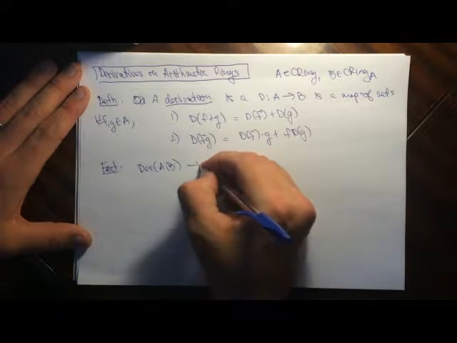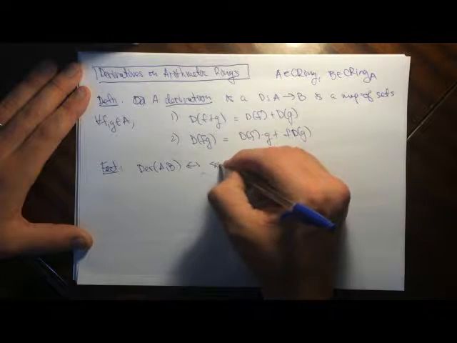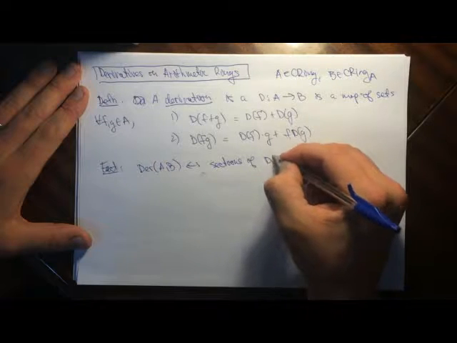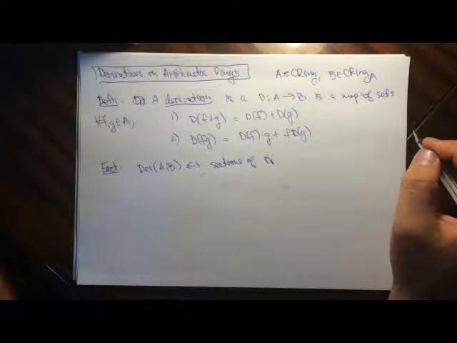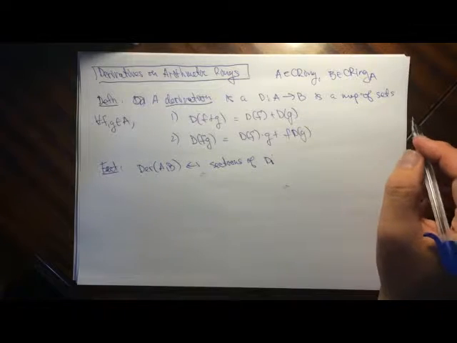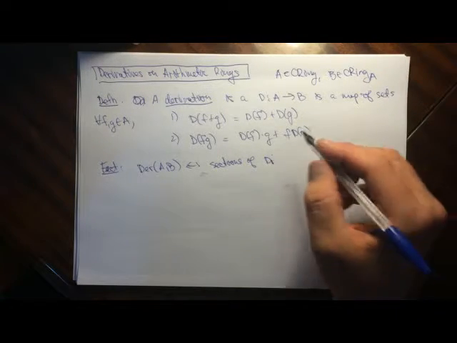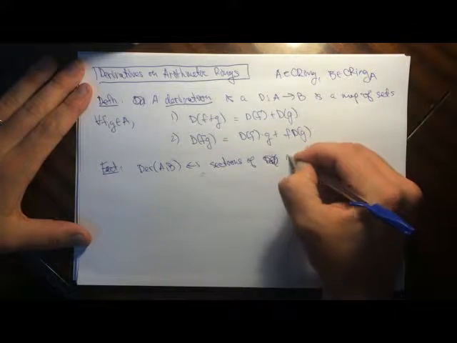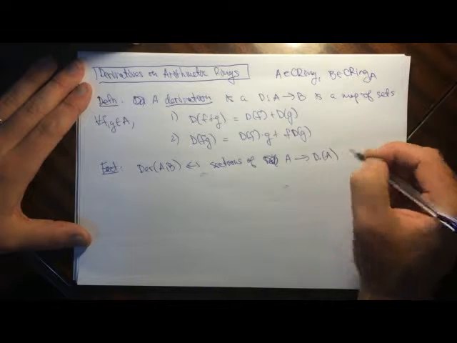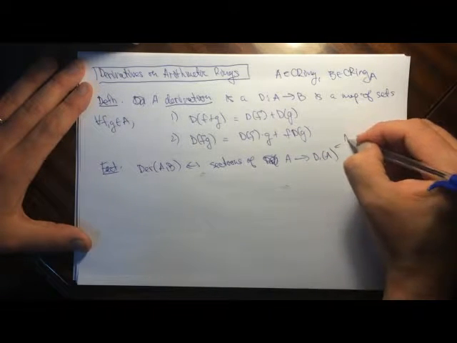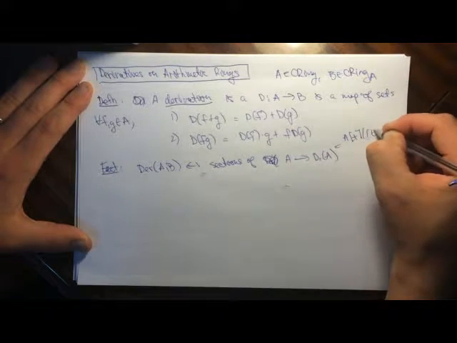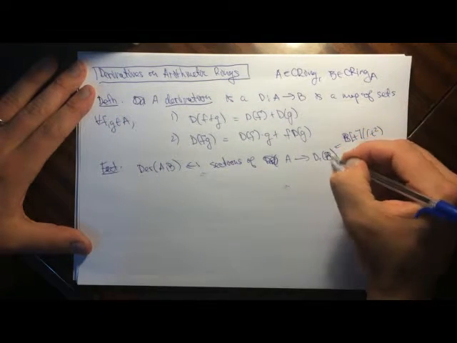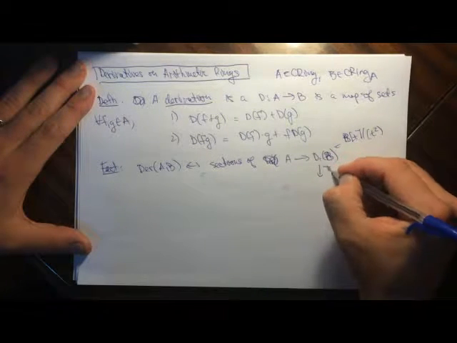Are in correspondence with sections of certain ring homomorphisms. Okay, so let's see how. Let me say this. There's going to be a map from A to the dual numbers of B, which is B[t] mod t squared, such that there's this natural projection here.